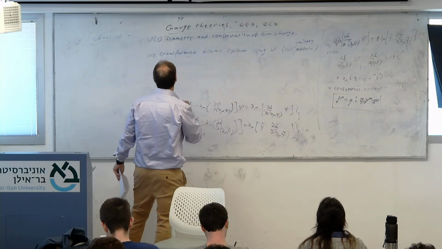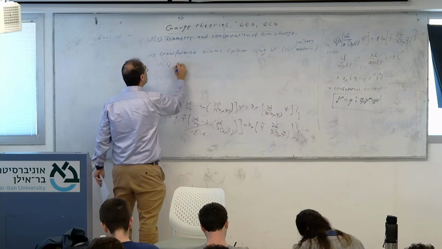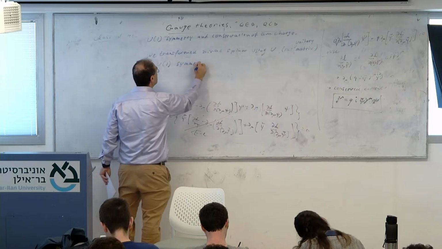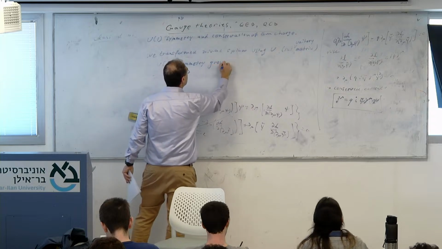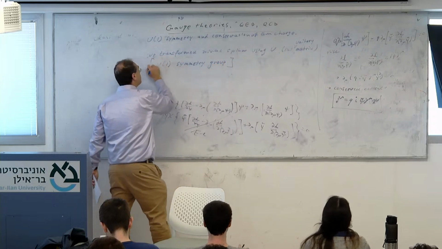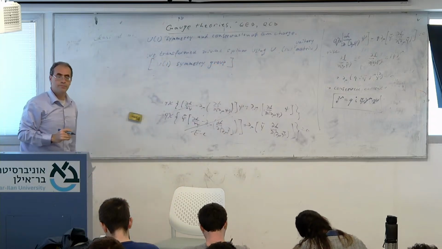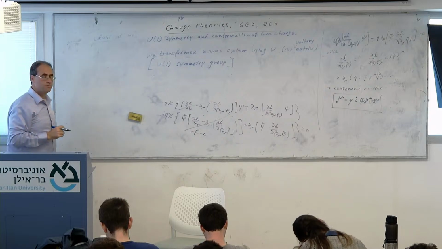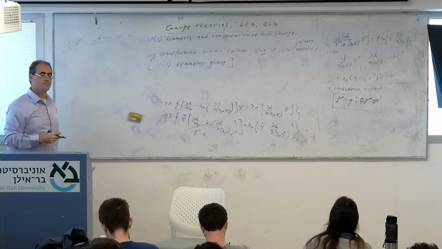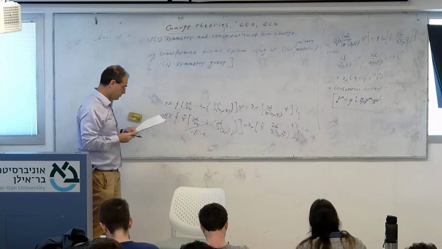It's really called the U1 symmetry group. It's a technical term if you learned group theory. We'll see more of that in the next lecture.